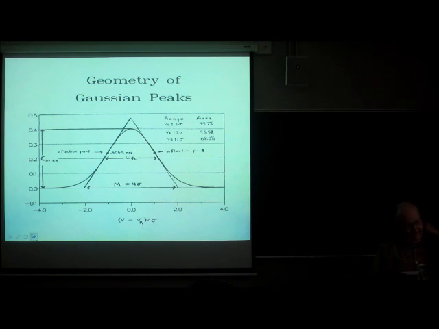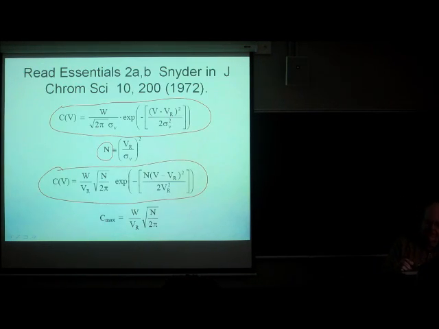Okay, here's a Gaussian peak. And we're going to talk about all of the characteristics of the Gaussian peak. Well, it turns out that the Gaussian peak is at an absolute maximum when V is equal to VR. See, if I set V equal to VR, I get 0, and so I have the exponential of minus 0, which is 1. It's the biggest number you can possibly get.